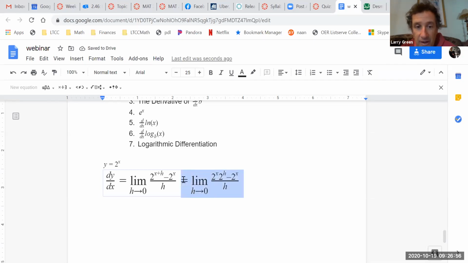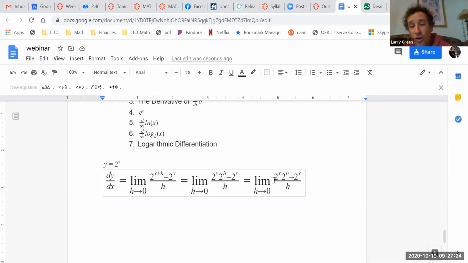Any questions so far? So now look at the top. I have a 2 to the x times 2 to the h minus 2 to the x. Algebra-wise, what can I do? Yeah, I can factor out a 2 to the x.